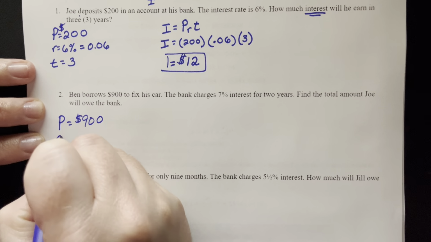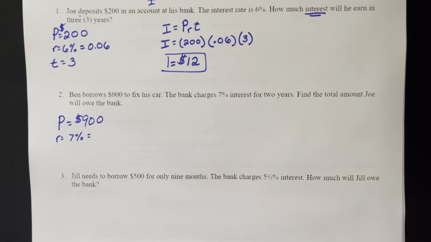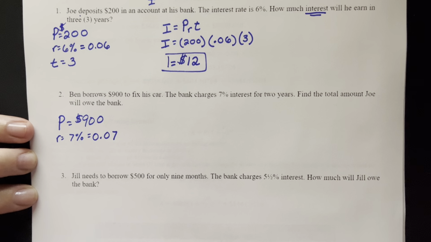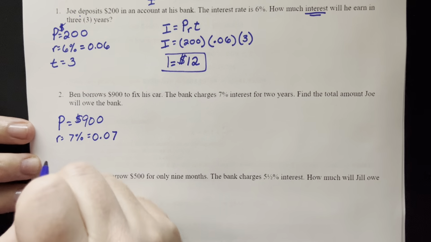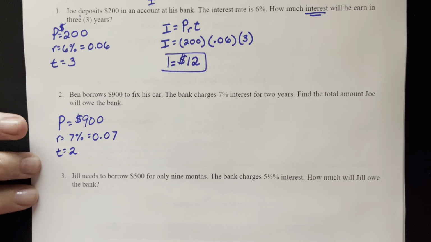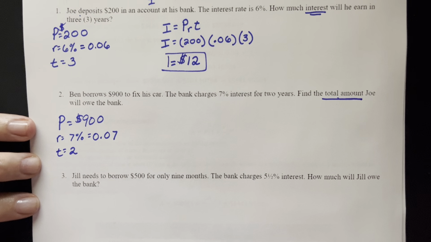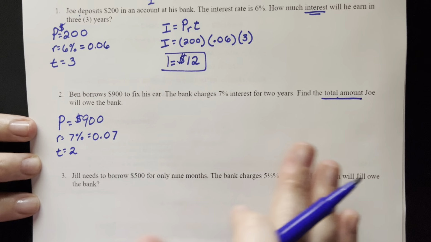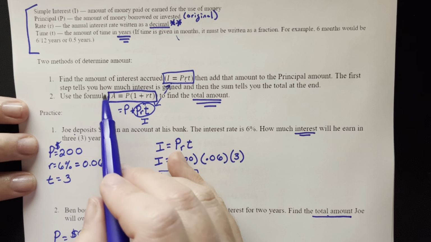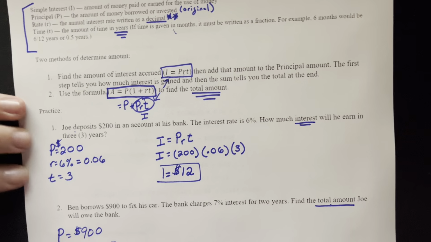The rate is 7%, but again, write that as a decimal equivalent, so 0.07. And he has the loan for 2 years. In this case, we're looking for the total amount. So I'm actually going to show you done both ways, using the one that gives you the total amount right away, and the one, if you calculate the interest, how you would then find the total amount.